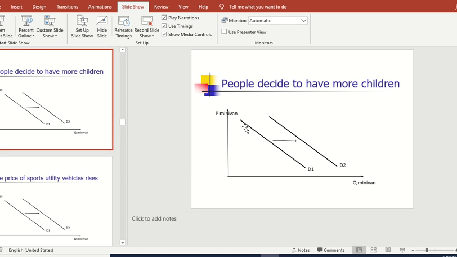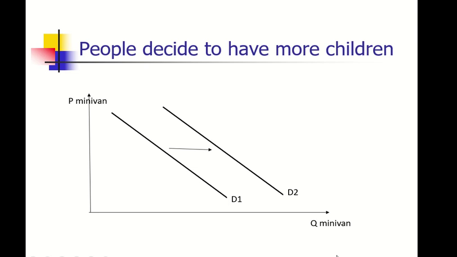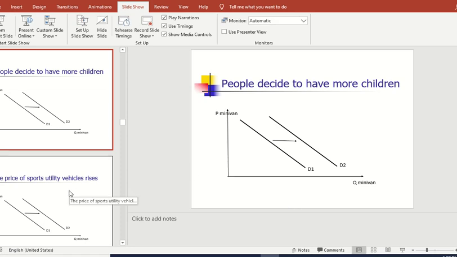What you can see here is the market of minivans, the price of minivans and the quantity of minivans on each axis respectively. And then, as we have previously talked about, an increase in demand is indicated by a rightward shift of the demand curve. So we go from D1 to D2. That's a sample of how we answer similar questions.